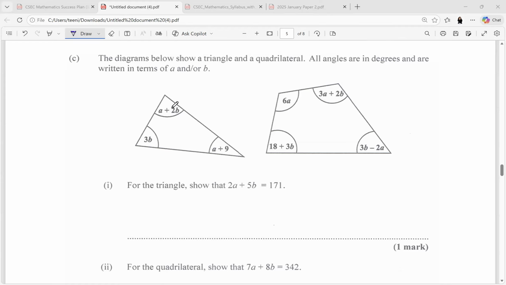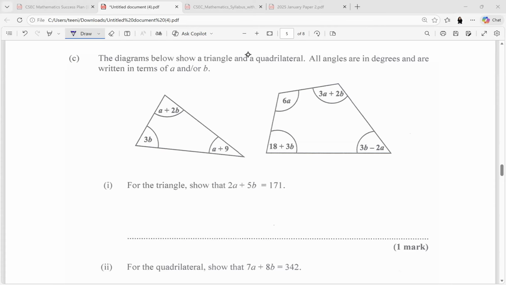That's right. So the internal angles in a triangle add up to 180 degrees. So that means all of these three angles here will add up to be 180 degrees. So if I had to show that this is equal to 171, that's where I need to start. I need to show that when I add up all of these angles, it'll give me 180 degrees.